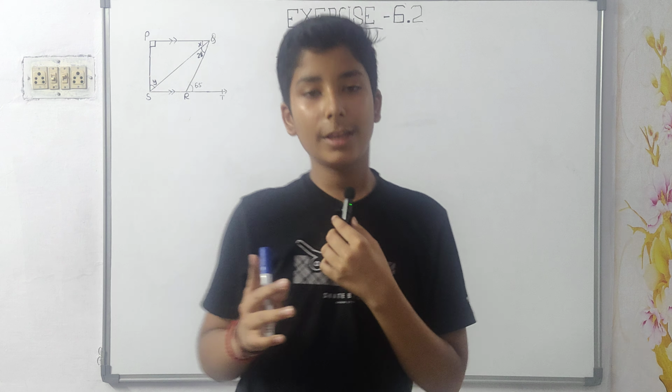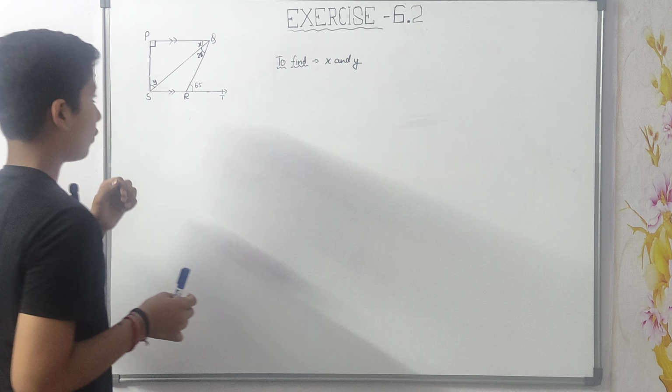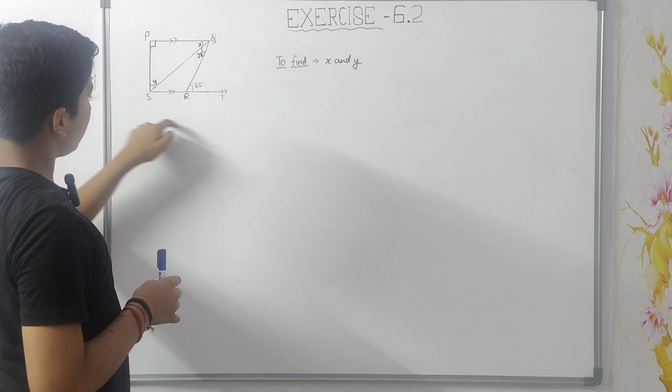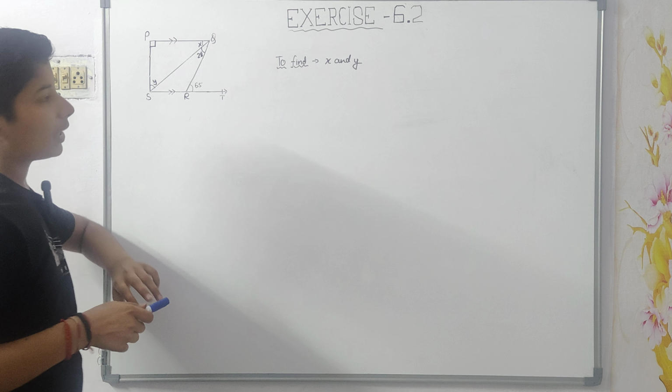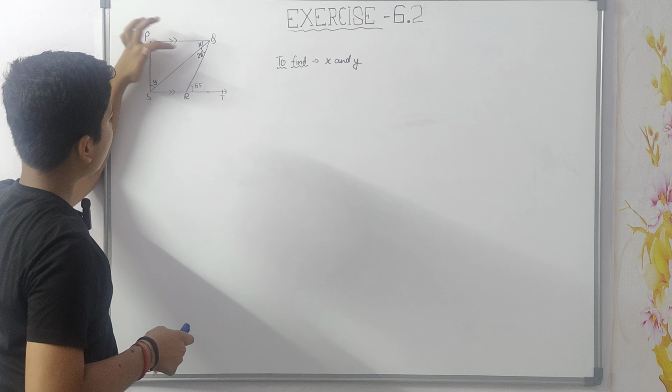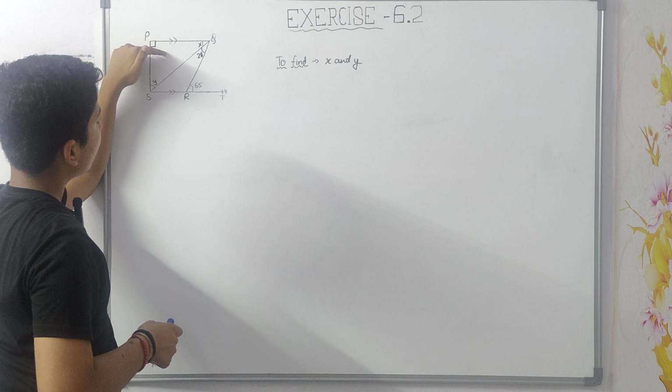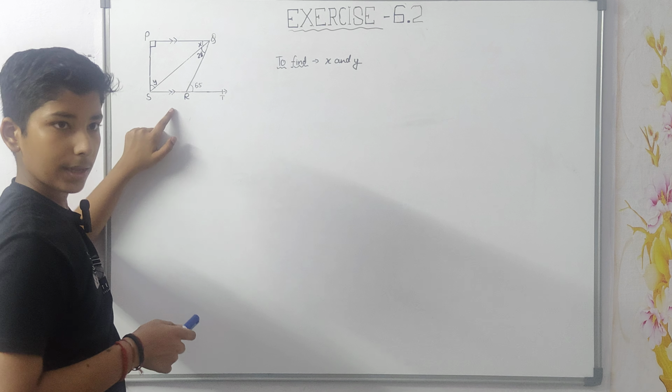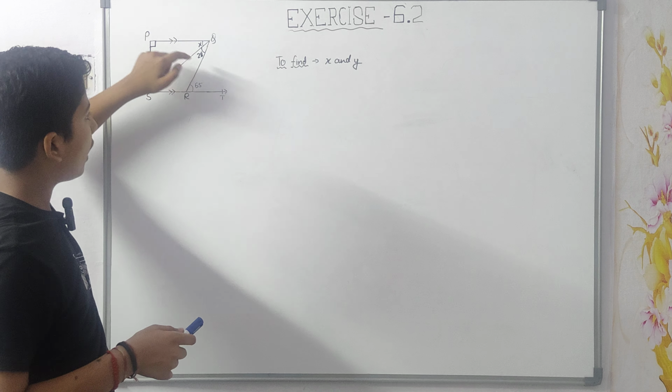So friends, in this next question, as you can see, there is a figure. Let me explain this. Firstly, it is given that this line is parallel to this line.